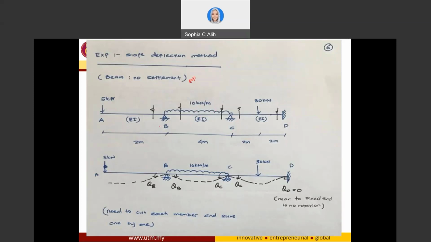The material properties for this beam in each span are the same. So I have EI for span AB, BC also EI, and CD also EI. Be very careful when the material properties of each span are not similar. For example, if I have 2 EI here, in my equation of end moment AB, I have to also continue with 2 EI.